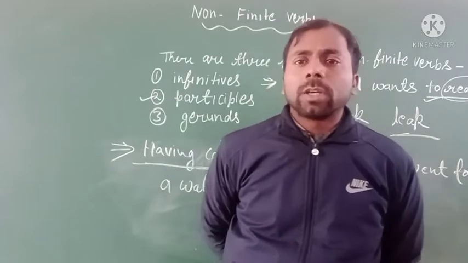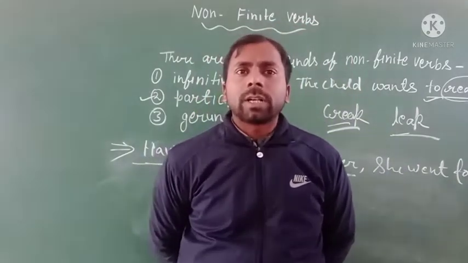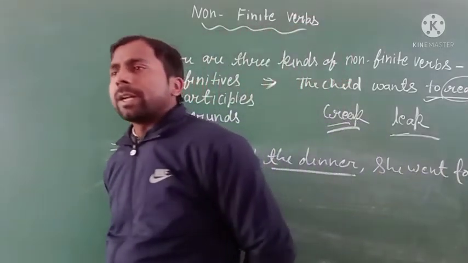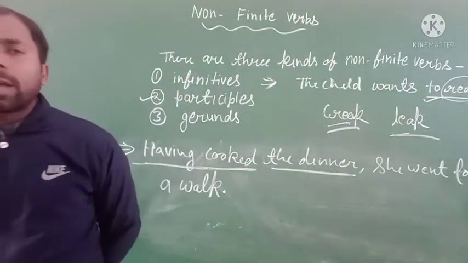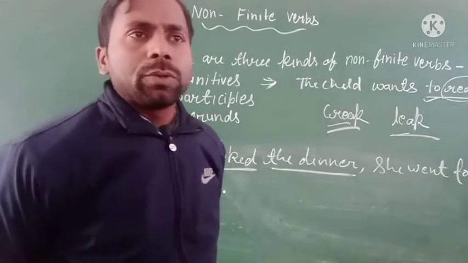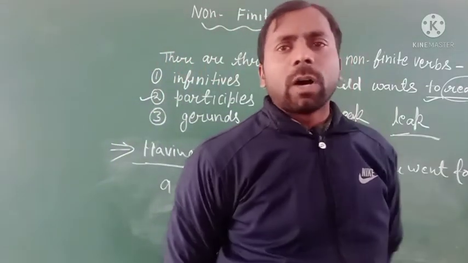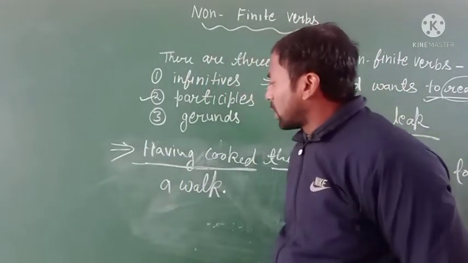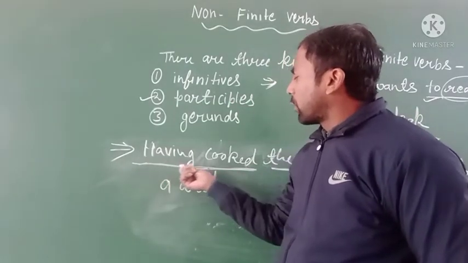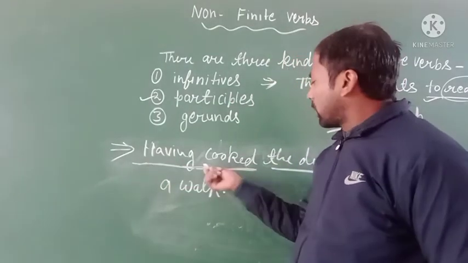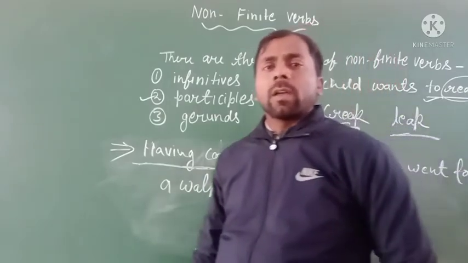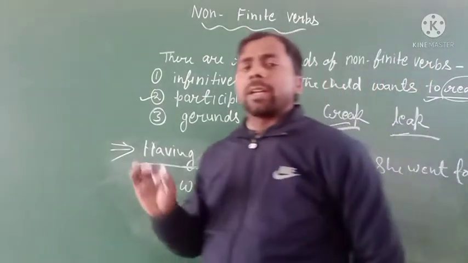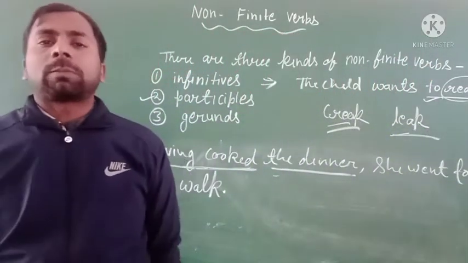And if it uses the second or third form of the verb, with endings like ed, en, t, etc., then it will be the past participle. And when you see a word starting with having followed by the verb's third form, used before the noun, then it will be the perfect participle.